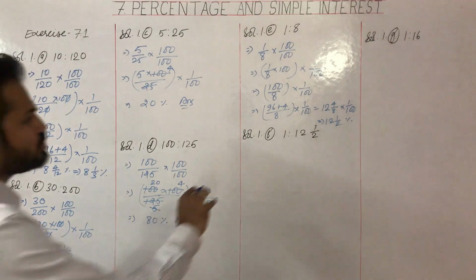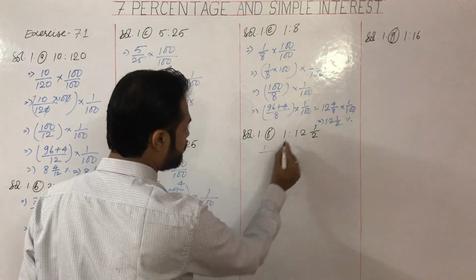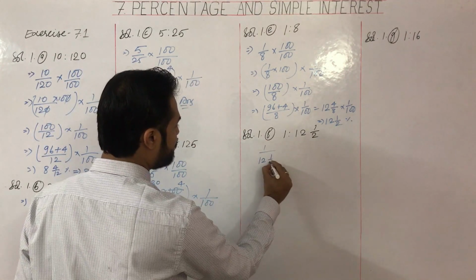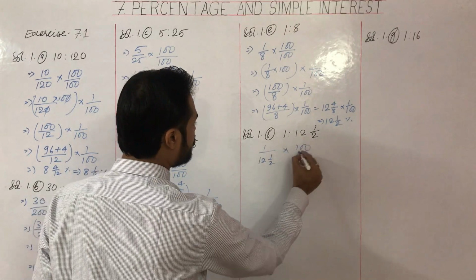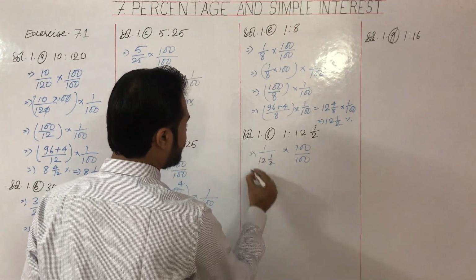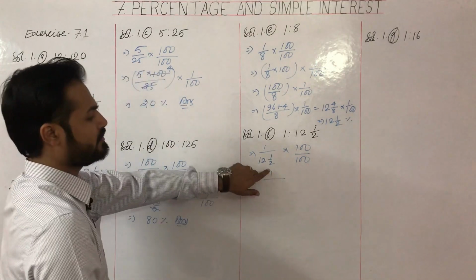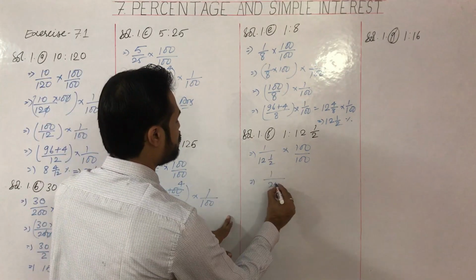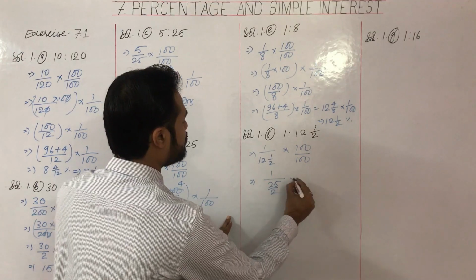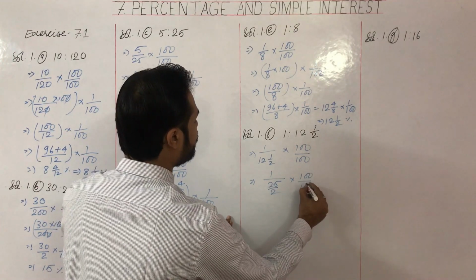Next, 1 is to 12, 1 by 2. So we have to write 1 is to 12, 1 by 2 into 100 by 100. Then in the next step, again we have to reduce it. So 12 into 2, 24 plus 1, 25. 25 by 2 into 100 by 100.